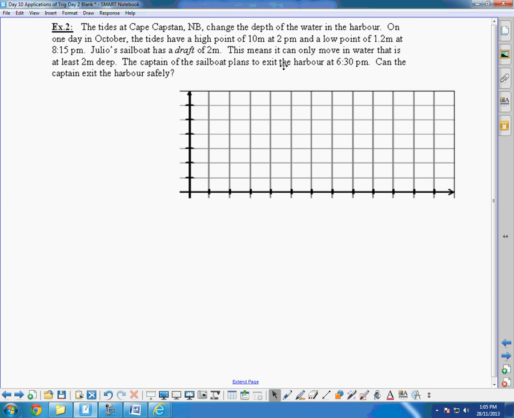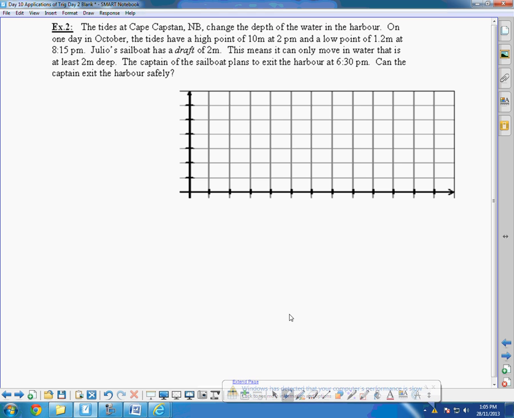The captain of the sailboat plans to exit the harbor at 6:30. Can he exit safely? This is an interesting question. So let's do the math really quickly and see if we can figure this out. We only have a little bit of information, and we're going to have to make all of our conclusions based on it. We've got our information here, and we're going to use this chart.